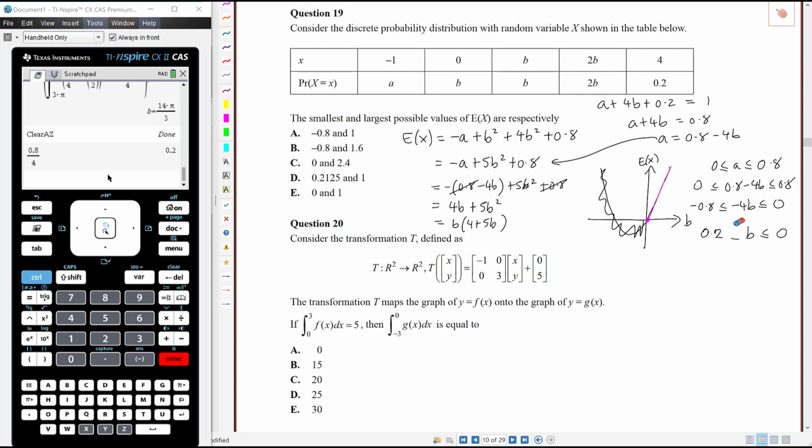Oh, sorry, I divided by a negative, so I've got to flip my signs around. Okay, so we know that now if A has to be between 0 and 0.8, b has to be between 0 and 0.2. Okay, so that makes sense.